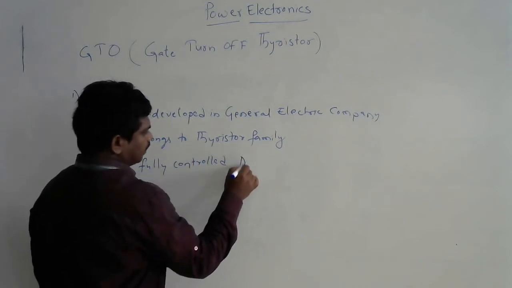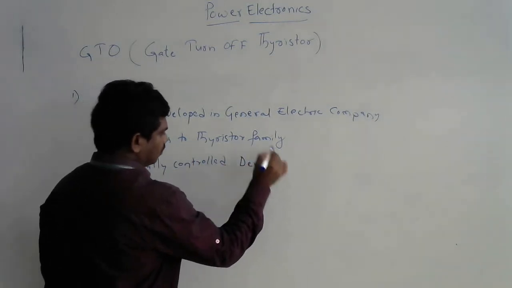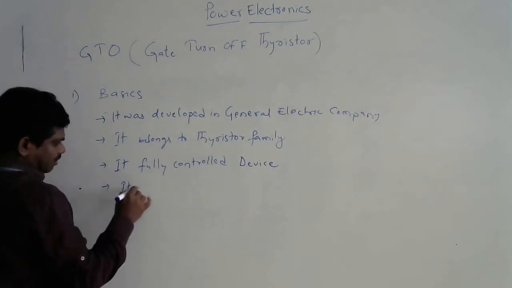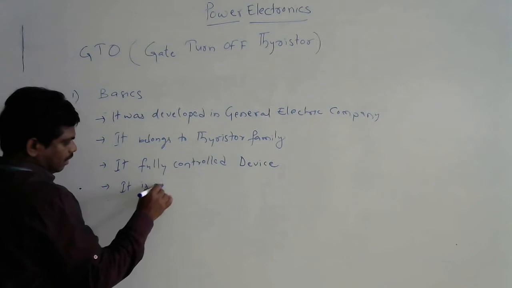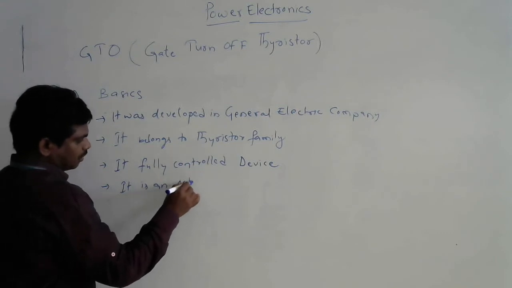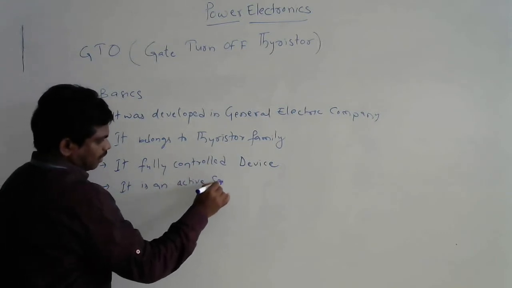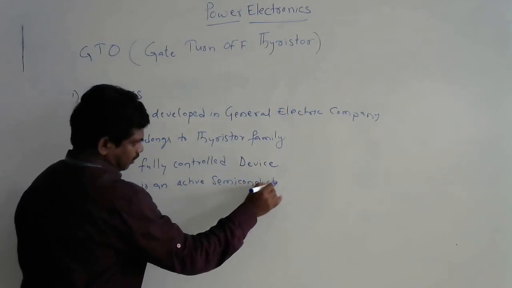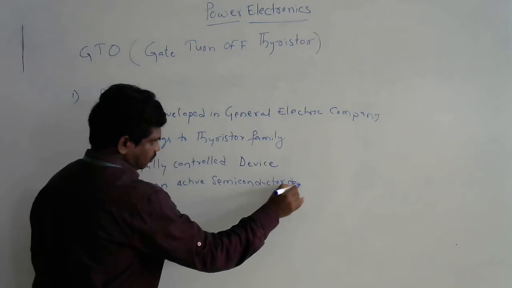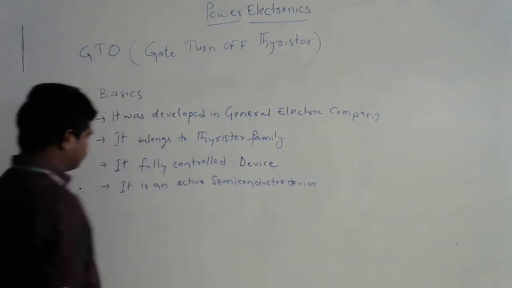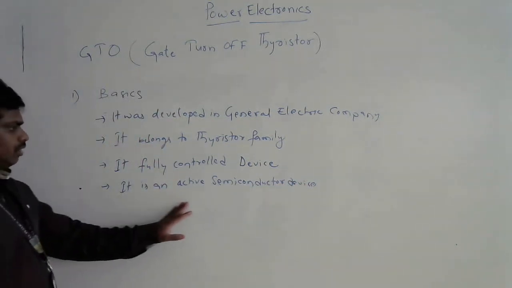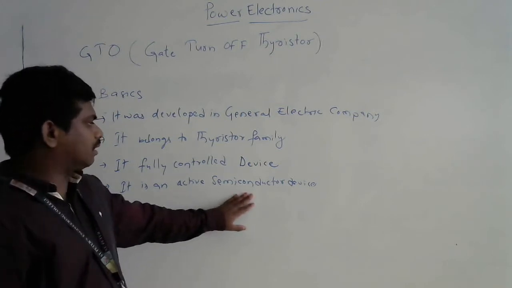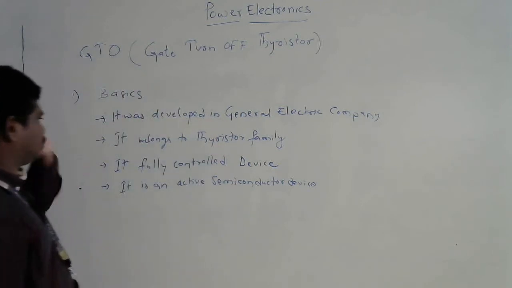The last one is, it is an active semiconductor device. Right? The only one that we can see in the thyristor family that is an active semiconductor device is GTO.